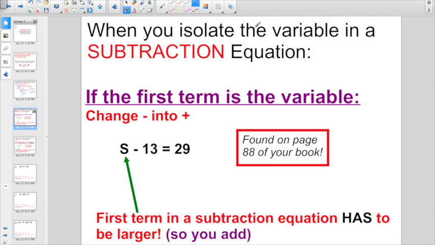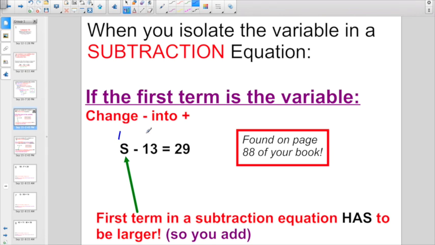When you isolate a variable in a subtraction equation, you have two more things to concern yourself with. If the first term is the variable, change minus into plus. And what we mean by the first term is the first thing up in the equation.